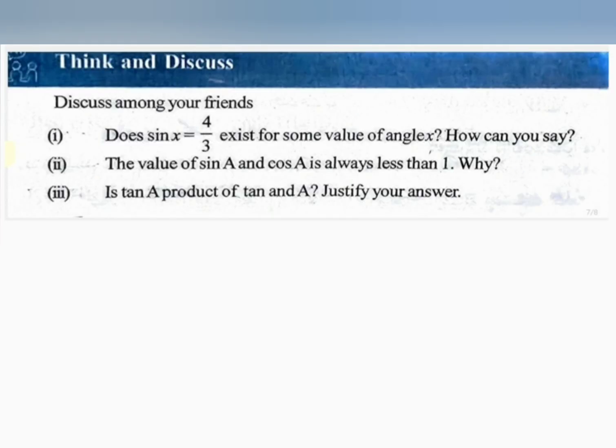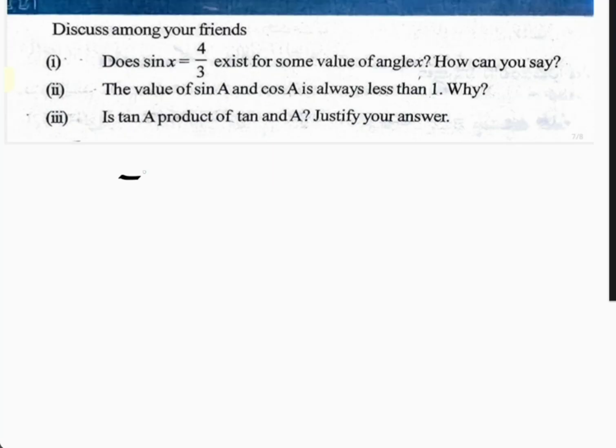Think and discuss, in trigonometry 10th class. Discuss among your friends. Does sin X equal to 4 by 3 exist for some value of angle X? How can you say? The answer is no, because the value of sin X always lies between minus 1 and 1 only.